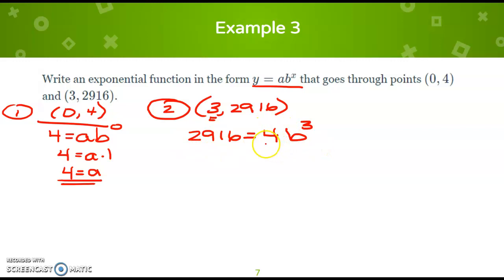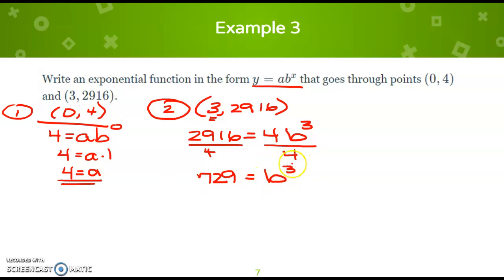The first thing I want to do is get rid of that A value, the 4, so I'm going to divide by 4. Then I have 729 equals B cubed.